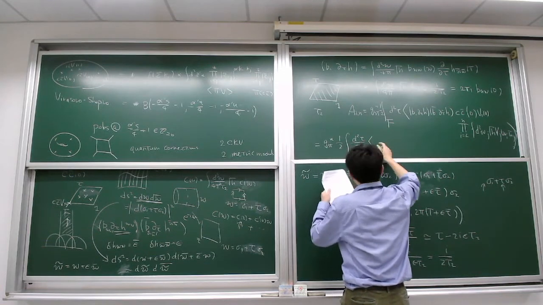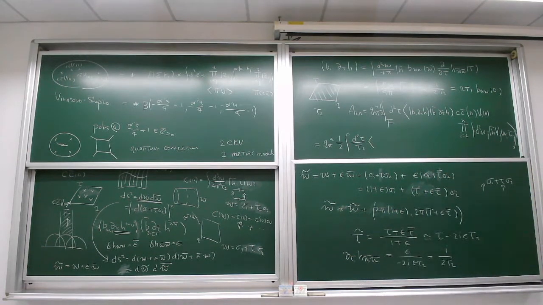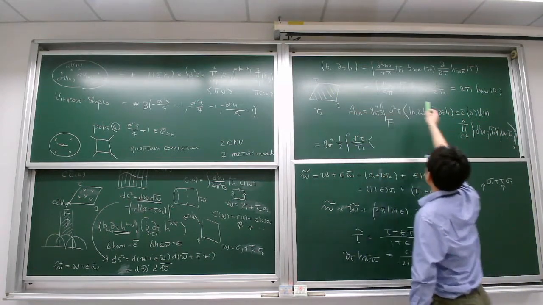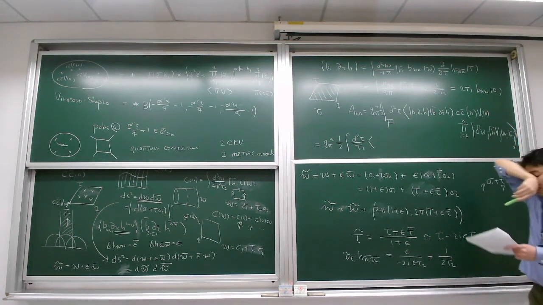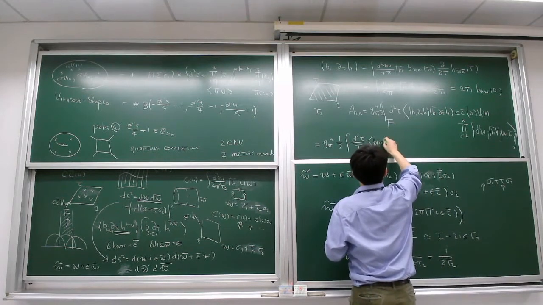And we already knew that the pairing between B and the tangent vector of the metric gives you just the zero mode here.